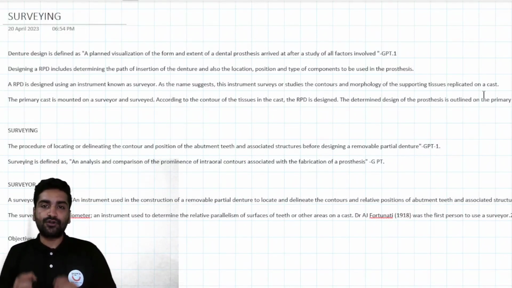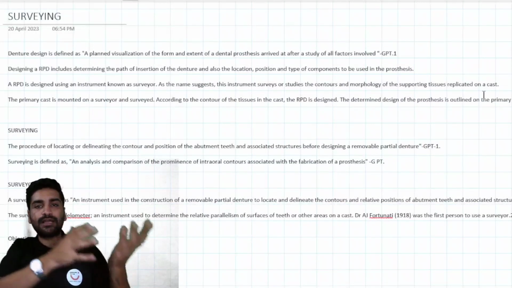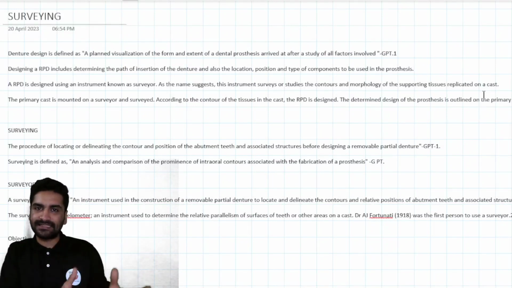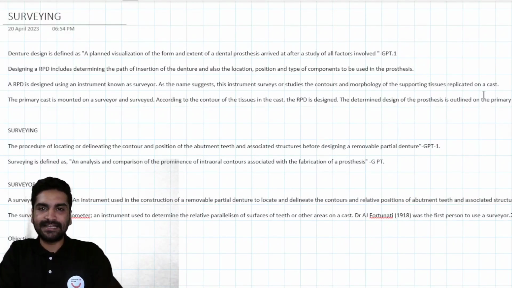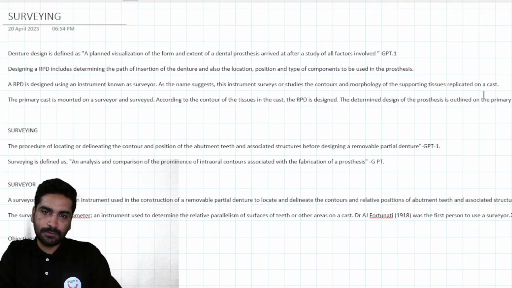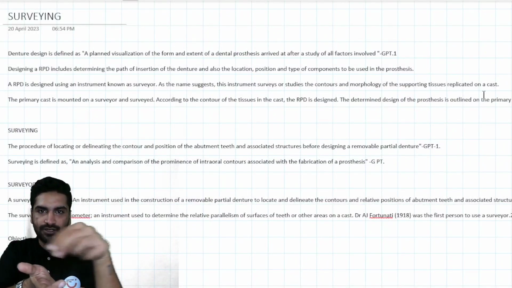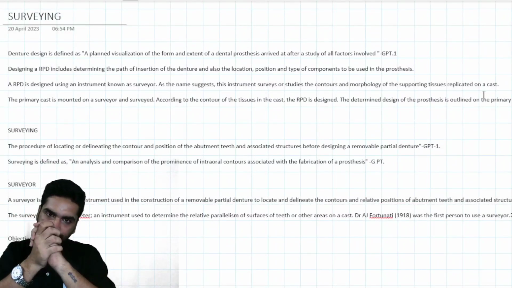So if you want to make any assembly of metal, you first make a wax pattern, then invest it and cast it, so you get a proper casting of that removable partial denture. Then onto that casting you arrange your teeth, finally cure it and deliver it to the patient.